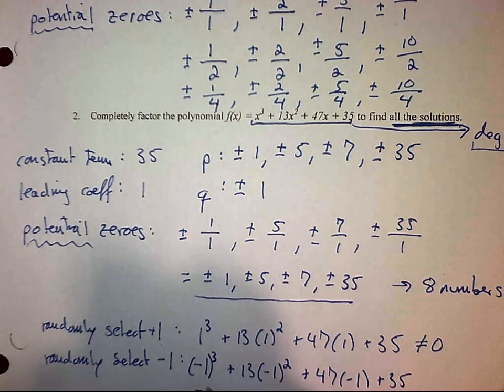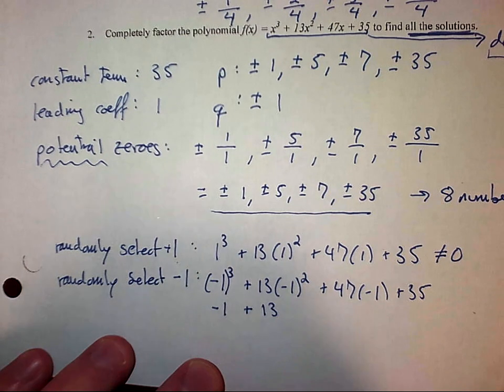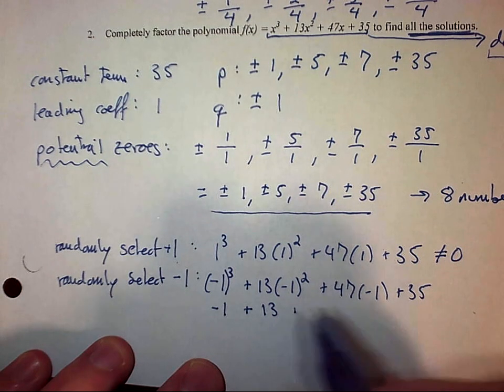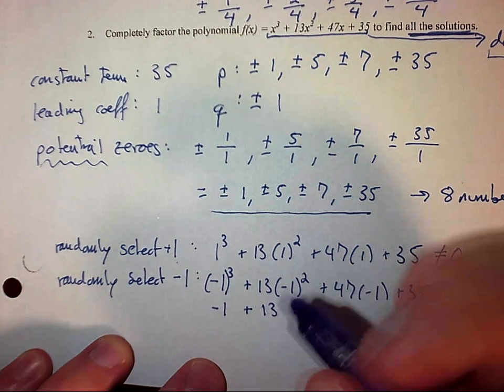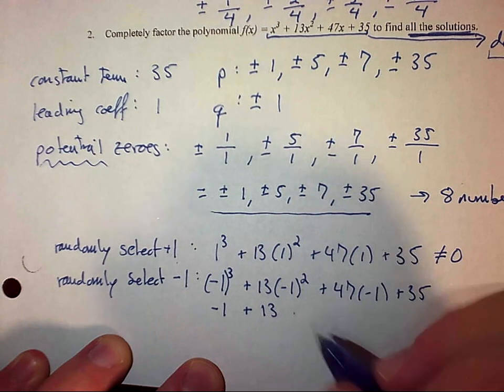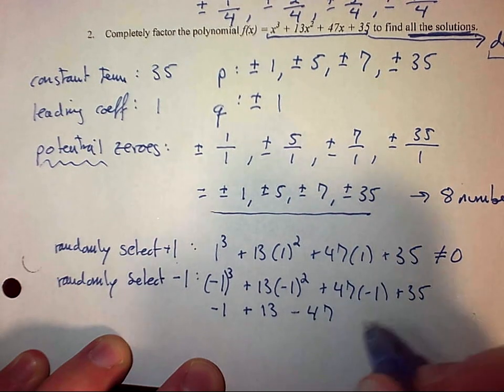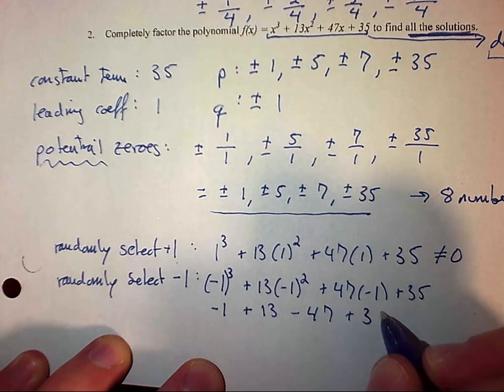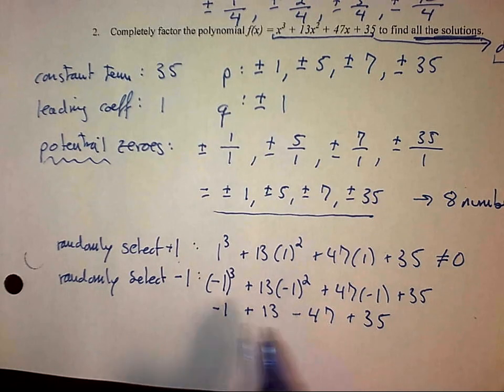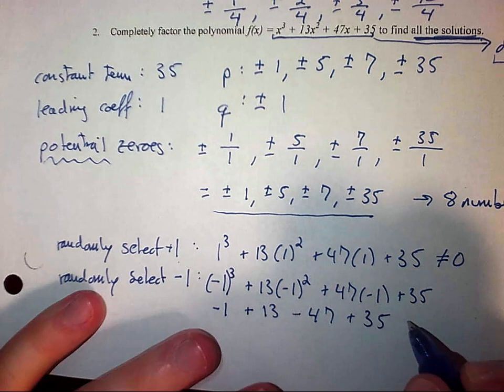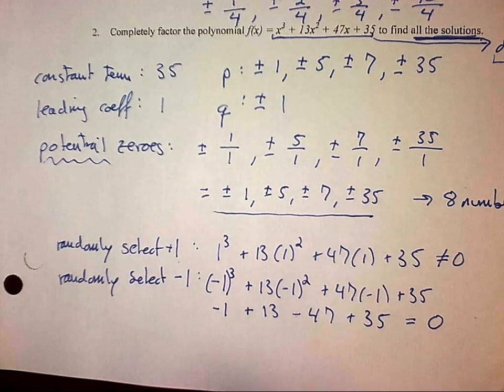This is going to come out to negative 1. This is going to come out to 13, because negative 1 squared is just positive 1, times 13 is just 13. Now I have negative 1 times 47, which is just negative 47, and here I still have plus 35. Now if you add these things together, this does in fact equal 0.